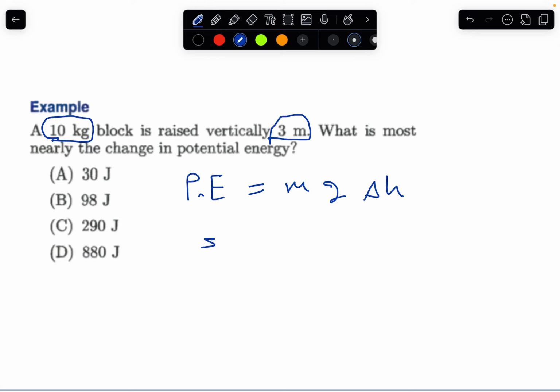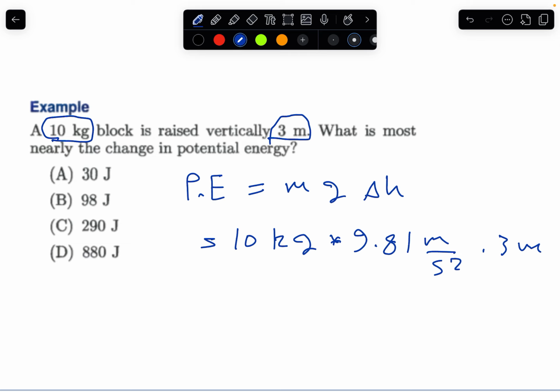So focus with me, guys. We have 10 kilograms times g, which is 9.81 meters per second squared, times 3 meters.